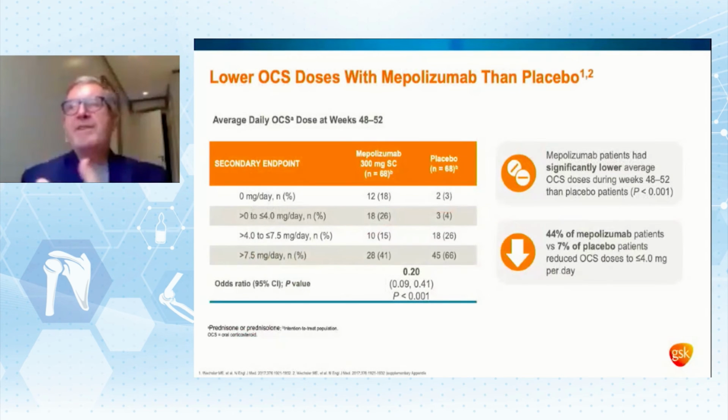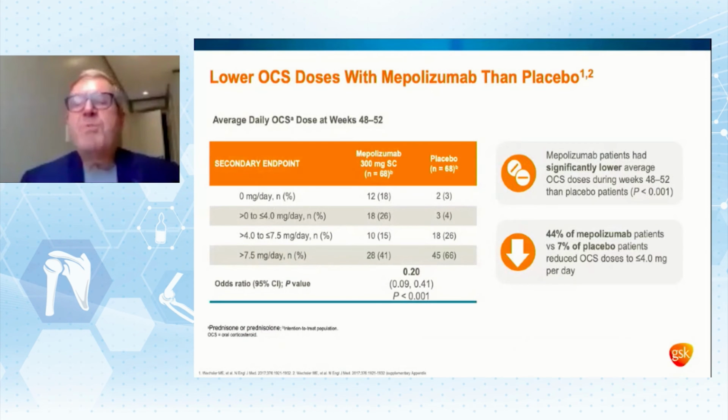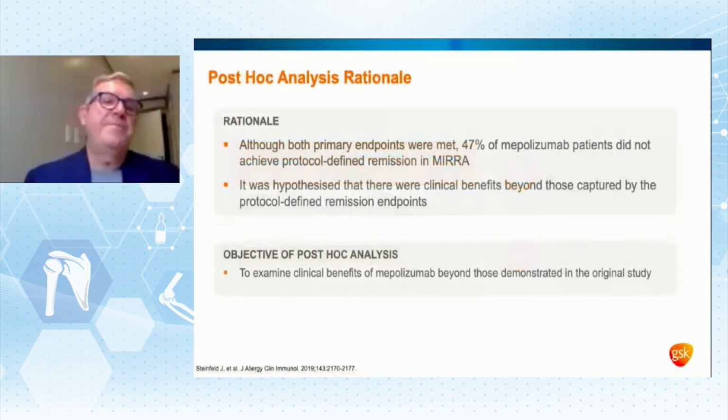It is very important to address that not all patients are able to completely reduce prednisone, because many of these patients, using prednisone for more than 5 years, have an oral dependence and adrenal insufficiency that prevents them from going to 0 milligrams. So 44% of the mepolizumab patients against 7% of the placebo patients were able to reduce to less than 4 milligrams of prednisone.